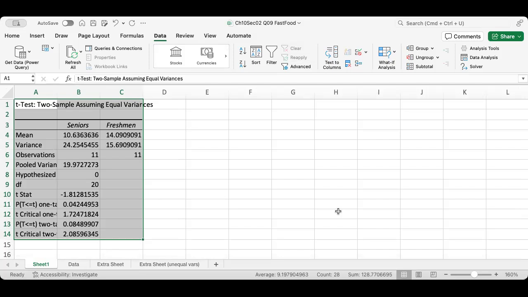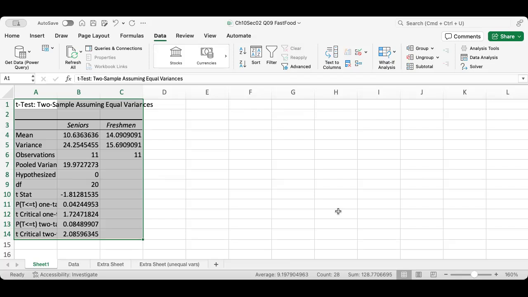Great. So what? It did all the hard stuff. It did the work. What does it mean? There are two different ways for you to answer the question that we were asked based on this information.